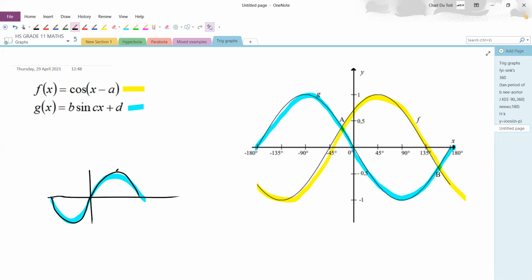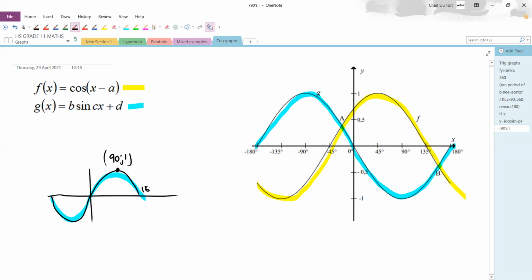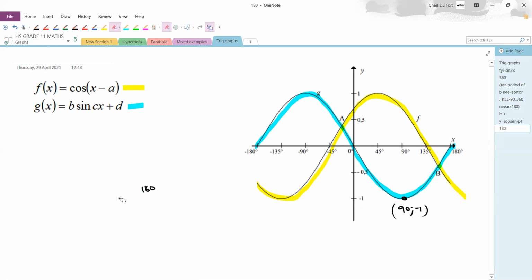Where we had 90 and 1 and 180 there. Now we have 90 there and -1. So the graph is all flipped around. What does that mean? It means this b value is a negative, because a negative value in front of the graph flips the graph around.